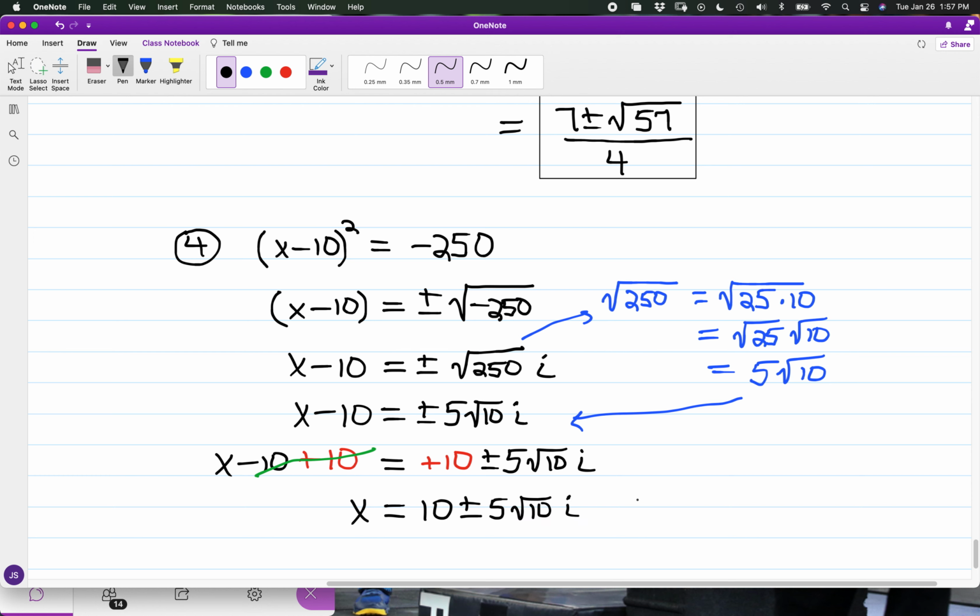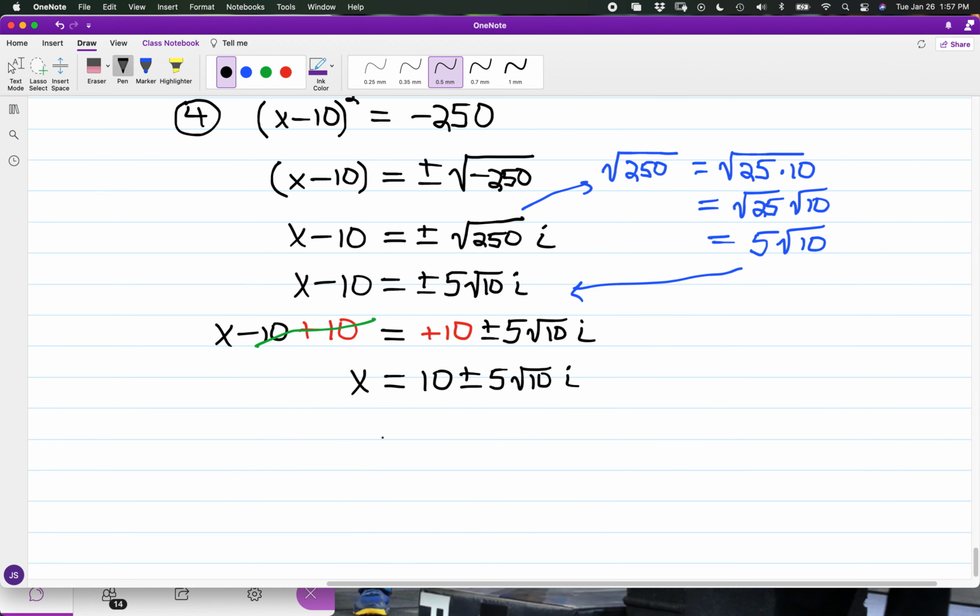And in itemized notation, we have 10 minus 5 times the square root of 10 times i, and also 10 plus 5 times the square root of 10 times i.